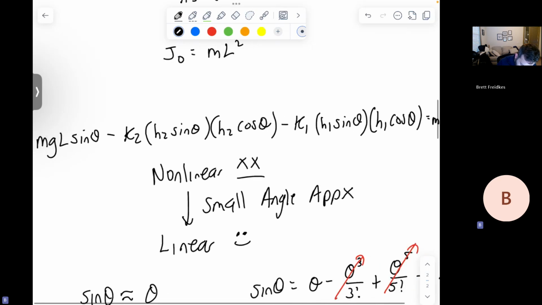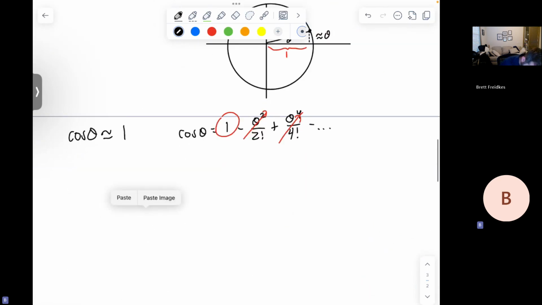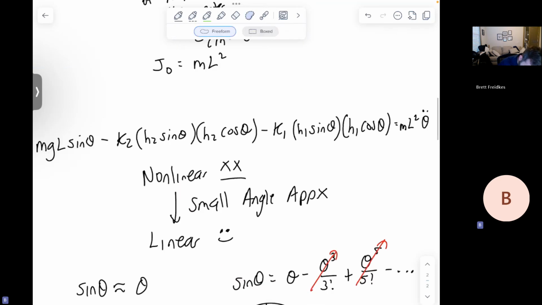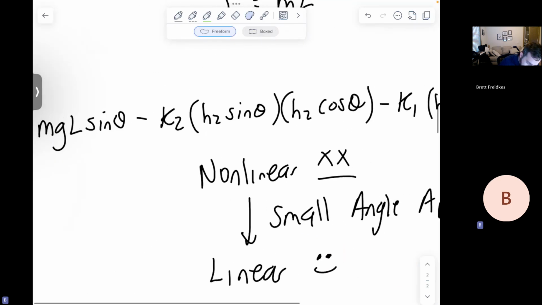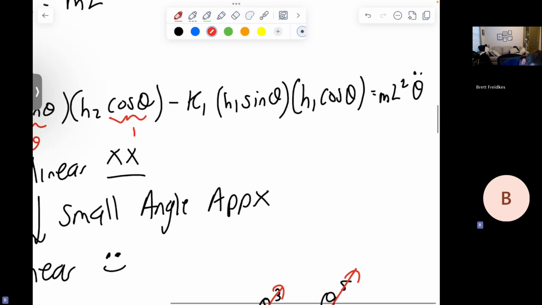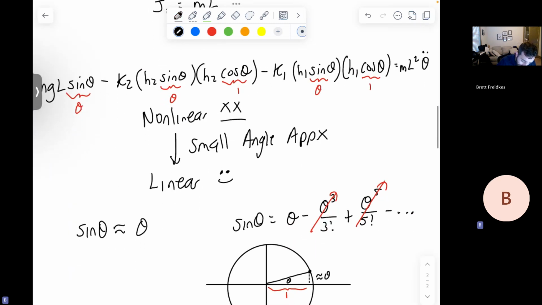So coming up here, what does that tell us? Well, this term here is going to become theta. That's going to become 1. Theta and 1, which simplifies things a lot.